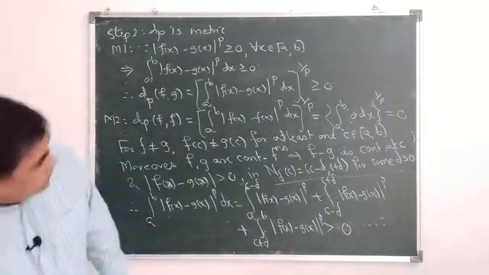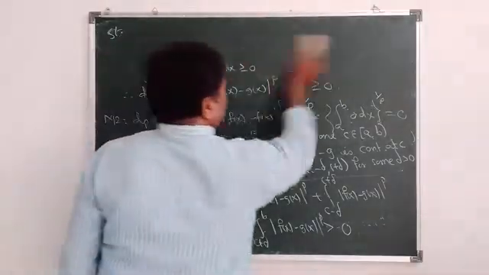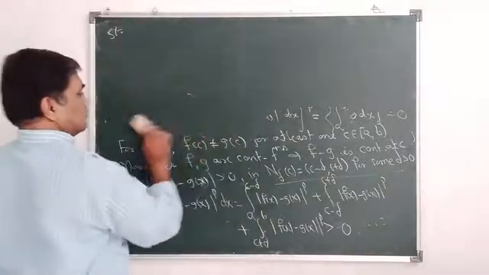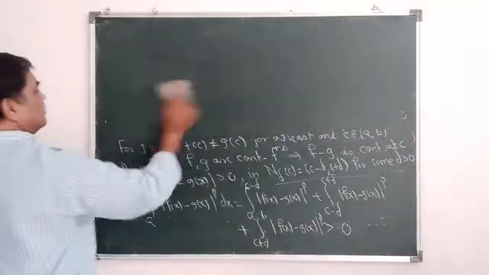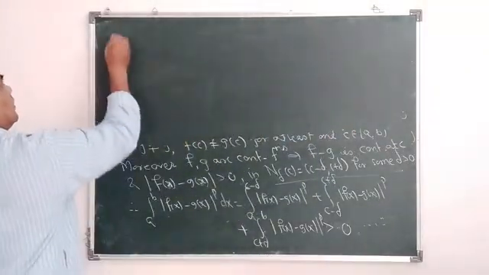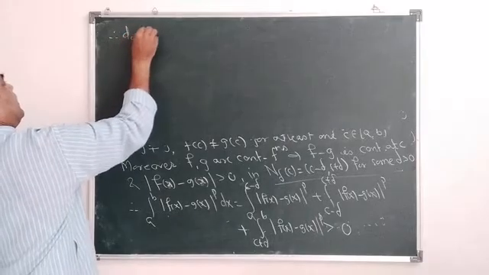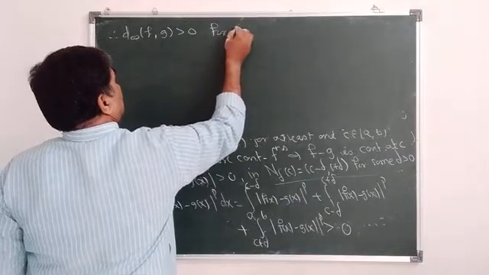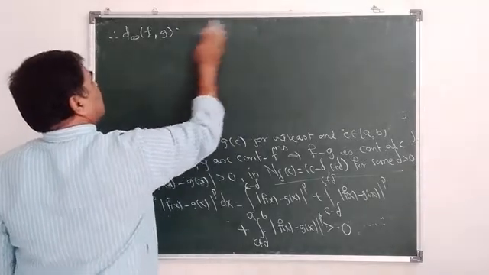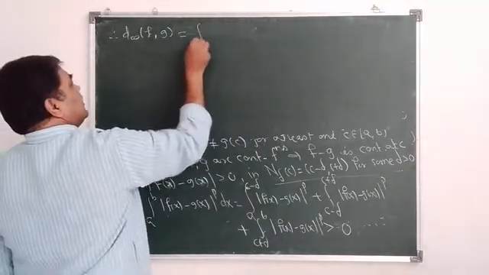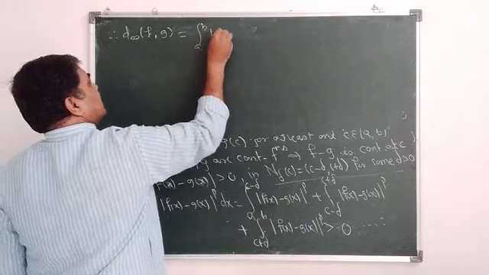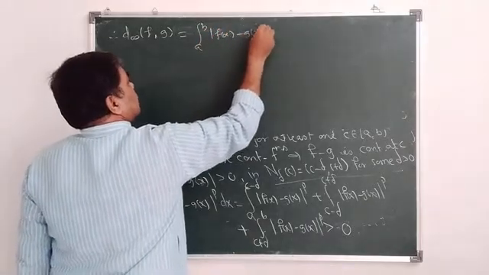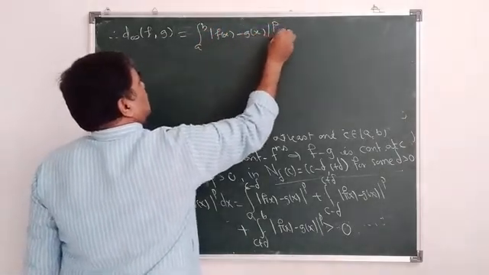And therefore d_p(f,g) is strictly greater than 0 for f not equal to g. Or d_p(f,g) is nothing but the integral of a to b of mod f(x) minus g(x) to the power p dx.